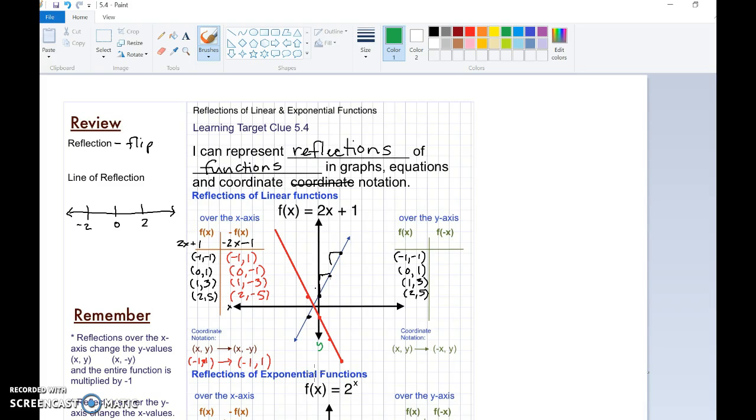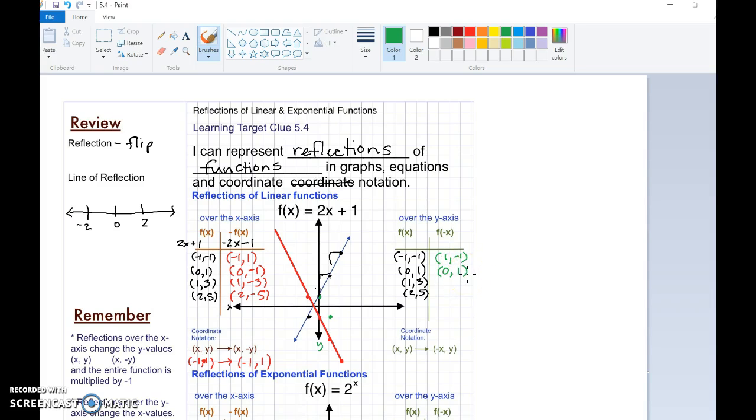All right? So let's start with our lower one, negative 1, 1, and we're going to flip it over to the other side of the y-axis, and it goes right there. And our new point, I'll go ahead and write our new points this time, is 1, negative 1, okay? And then this one that's sitting right on the y-axis, it just sort of turns over on itself and it stays the same, doesn't it? 0, 1.